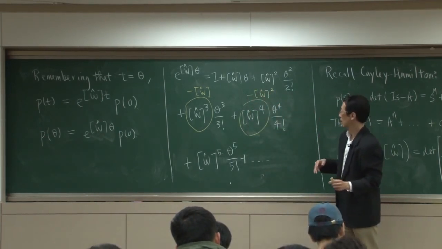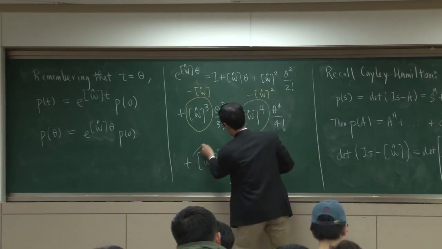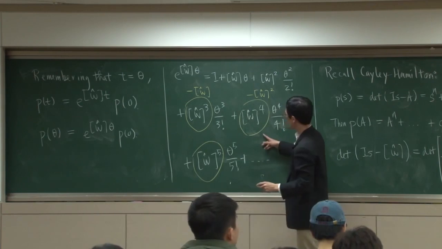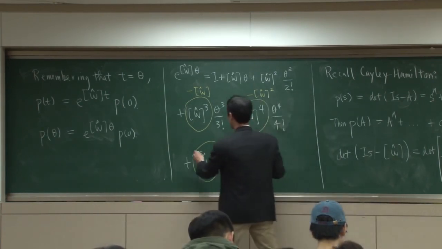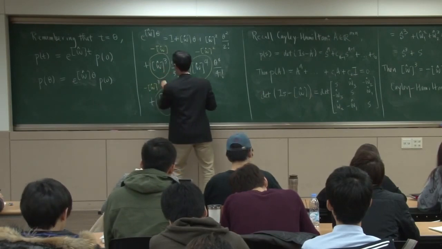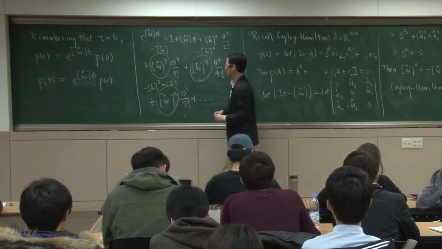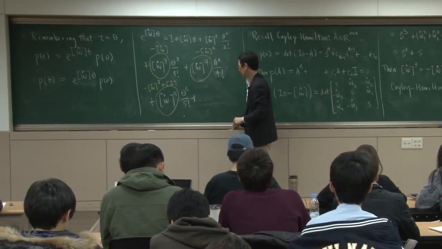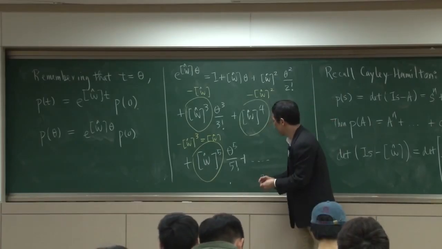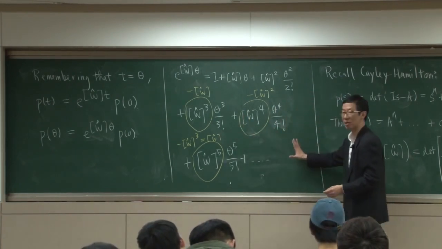Now I see an omega to the 5th here. That's going to be minus omega cubed, which is just plus omega. And so we can keep playing this, substituting in this fashion. Do it for all the terms.